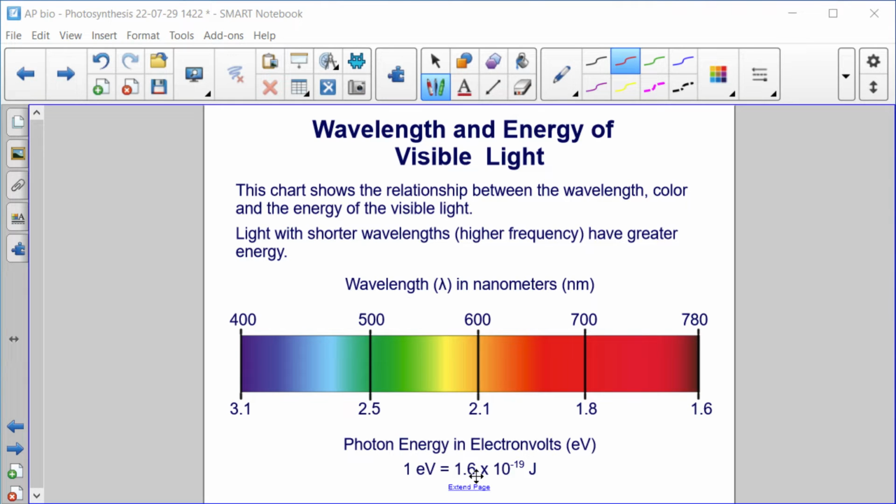An electron volt is 1.6 times 10 to the minus 19 joules. This is just a unit of energy. What happens to that energy as the wavelength lengthens? We can see that at longer wavelengths, the energy is much lower. So at 780 nanometers, the energy is 1.6 electron volts.